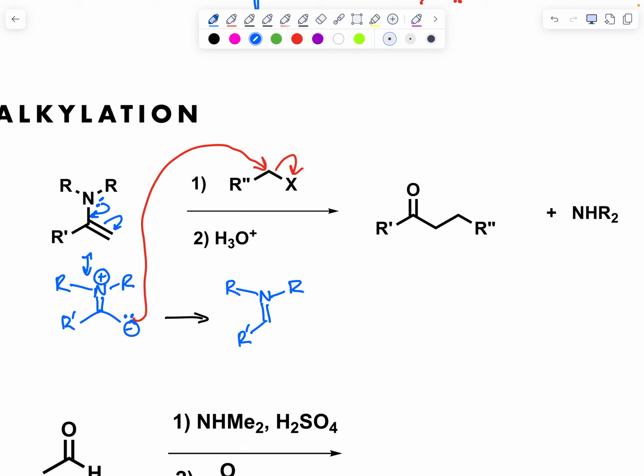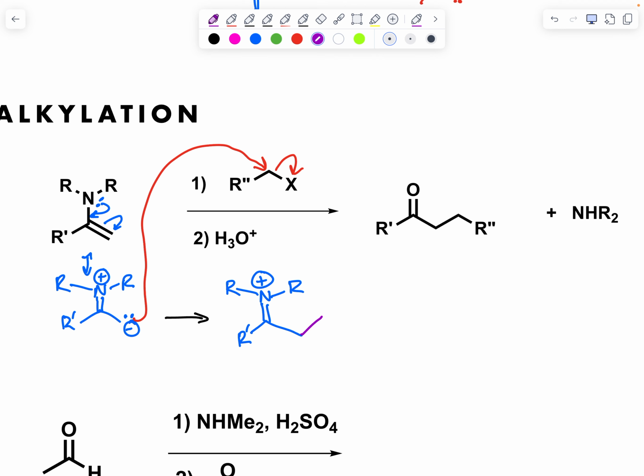So if we put together our two parts of this reaction, where first we make the enamine, and then we react the enamine, and then hydrolyze the enamine, we can get an aldol product under non-basic conditions. So I'm going to do that in this example below. So I'm going to label a lot of what I just said as well.